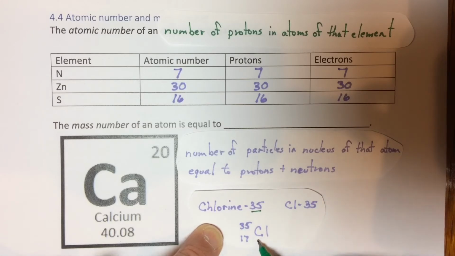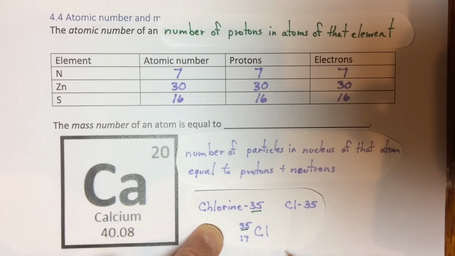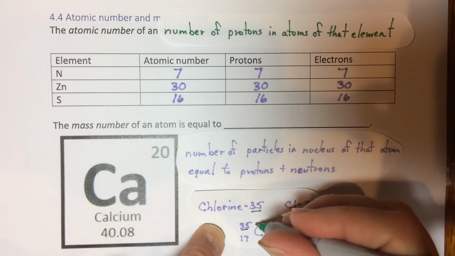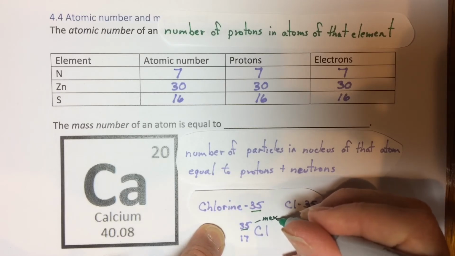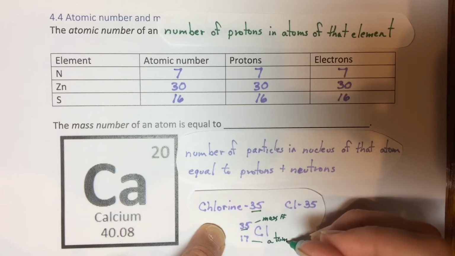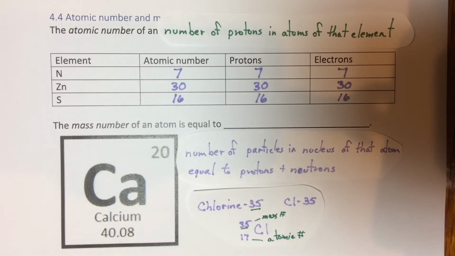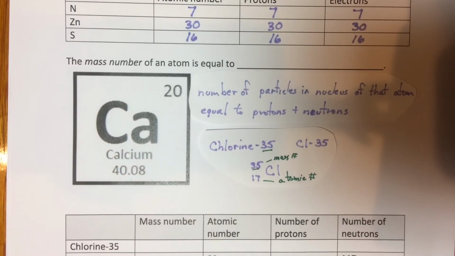And here we have chlorine, and it's got these 2 numbers. The mass number is here, and this is the atomic number, or the number of protons. So let's look at this table and see if we can fill it out.